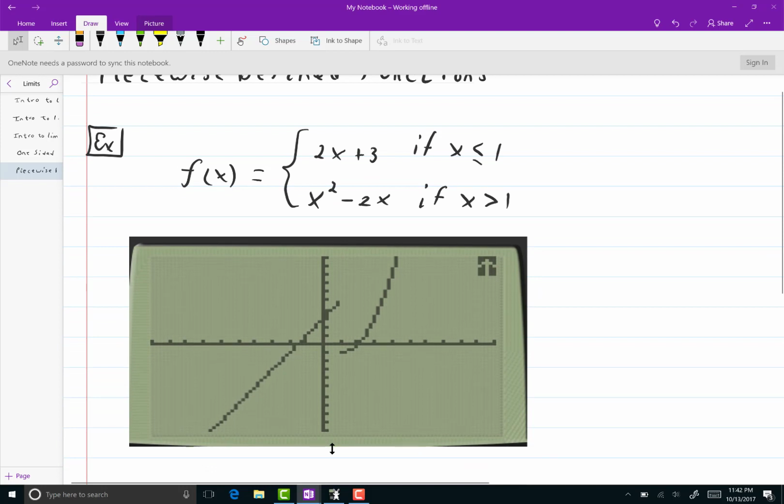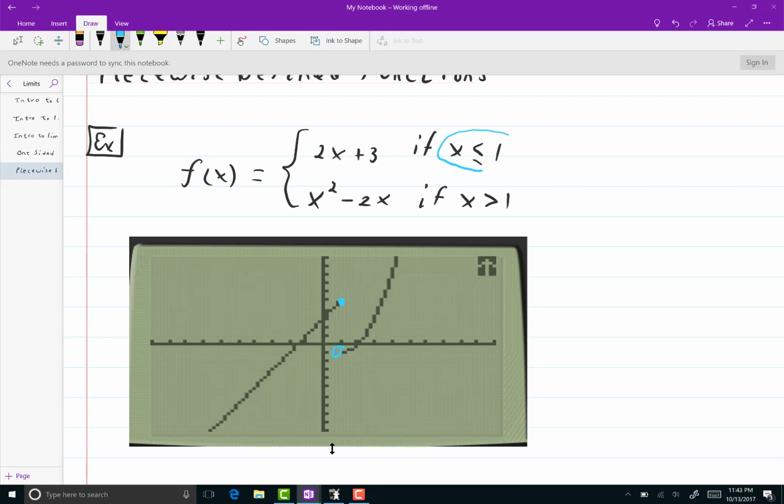Now I want to make a note here. The graph part that is the line actually includes x equal to 1 in it. So at the end of it is not a hole, it's a solid dot, because x equal to 1 is actually permitted. The bottom one, or the parabola part, has a hole to begin it because x is greater than 1 there, so it does not include 1.